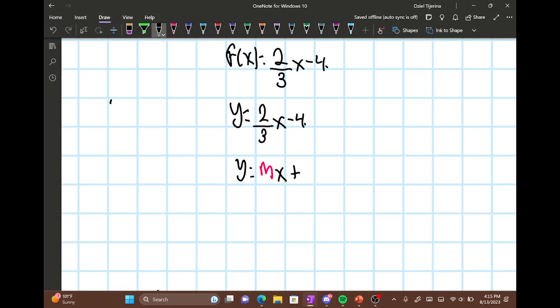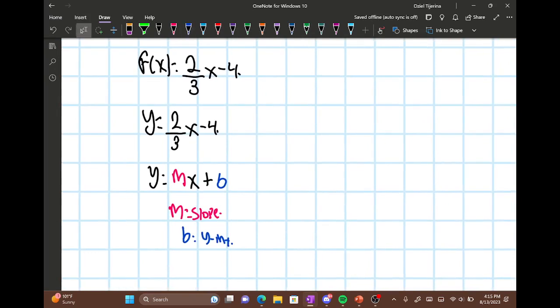We know that m is my slope and b is my y-intercept. So b in this case is -4 because it's 2/3 x minus 4, and m is whatever's in front of my x, so m equals 2/3.